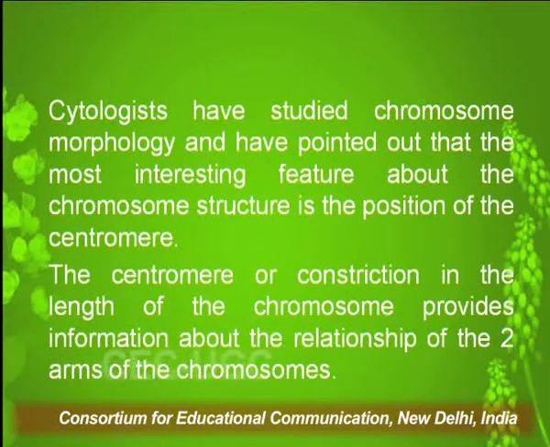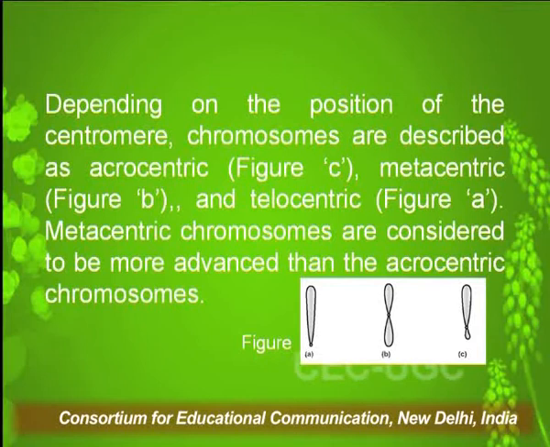The centromere, or constriction in the length of the chromosome, provides information about the relationship of the two arms of the chromosomes. Depending upon the position of the centromere, the chromosomes can be described, as you can see in the figure, as acrocentric, figure C, metacentric, figure B, and telocentric, figure A.